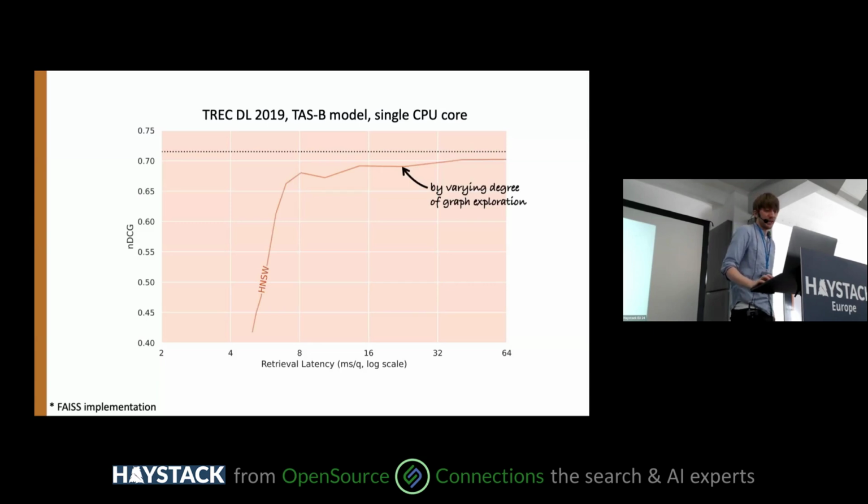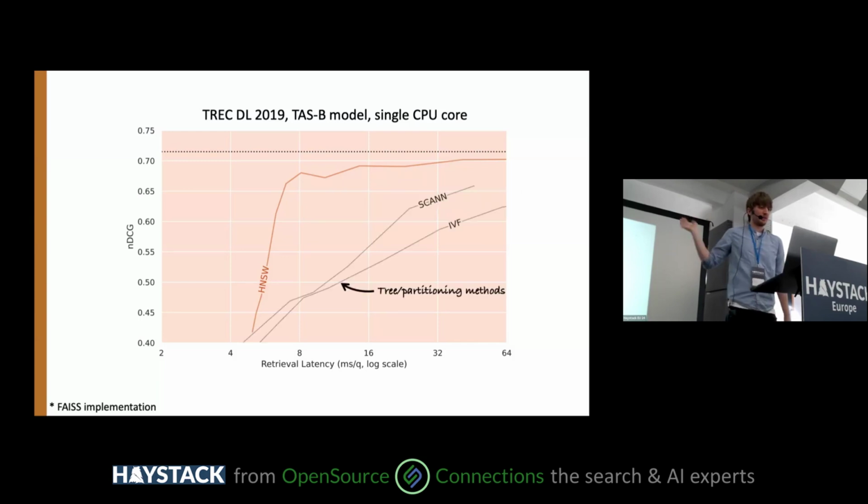In 5-6 milliseconds, up to 8 milliseconds, we're able to do a really strong approximation of the full results, getting very strong results at the top of our ranking. We can vary how long we're willing to take on this process by changing some of the parameters of HNSW that say how much of the graph you're willing to explore. There are other approaches too, but they don't work as well.